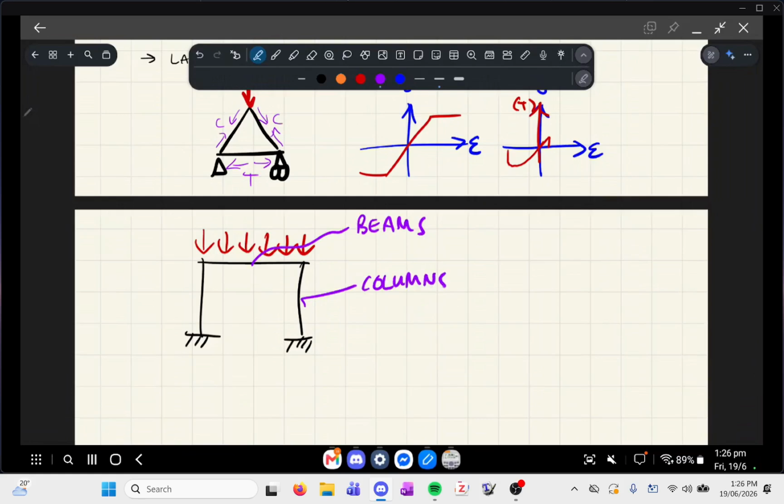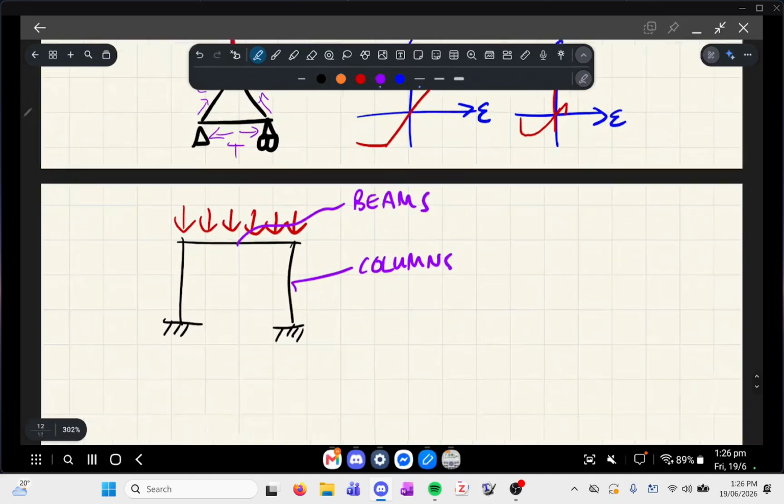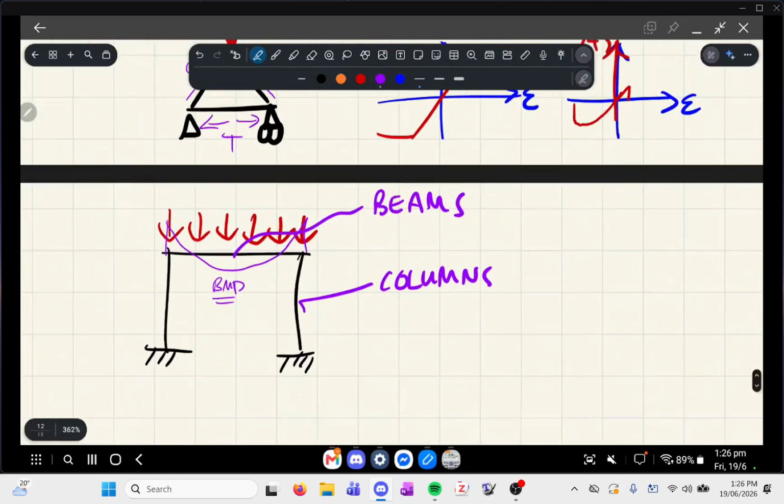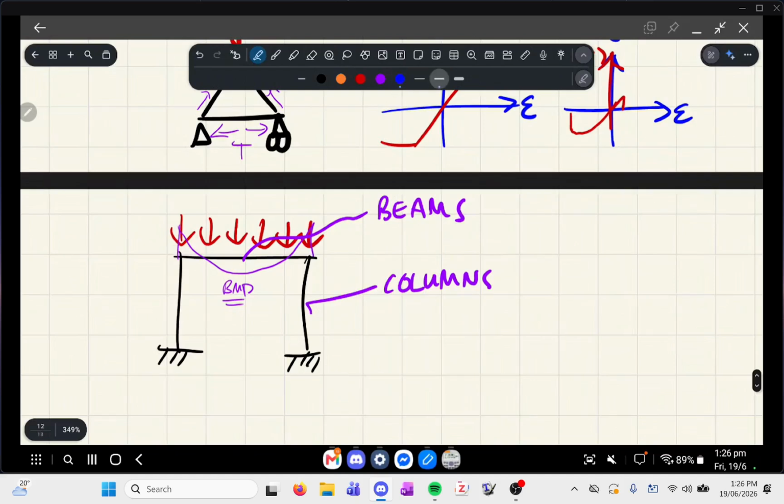So the beams, essentially their primary purpose is flexure, so that would be the bending moment diagram. So they're mainly taking bending and shear. Whereas your columns are primarily taking axial forces, like compression. Both purposes of beams and columns are quite well suited for reinforced concrete.